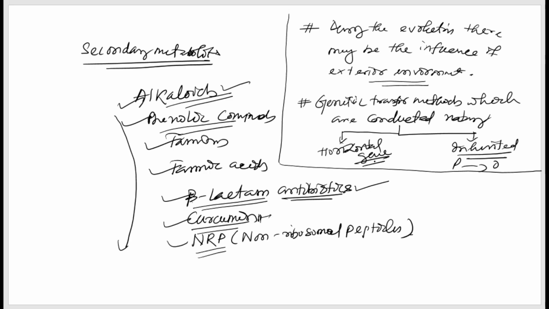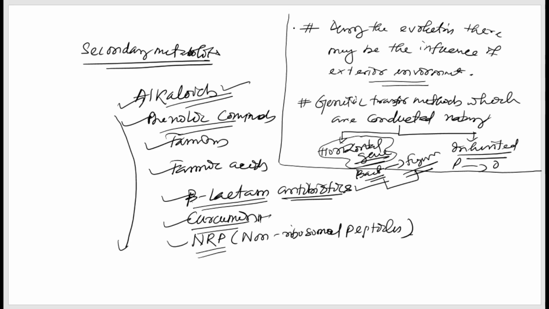One hypothesis is that, taking the example of bacteria, some gene may transfer from the bacteria to fungus when they are in a similar ecological interaction. So horizontal transfer may be one of these genetic transfers.